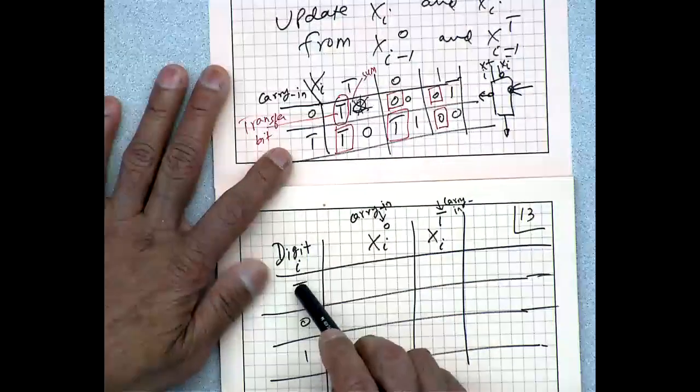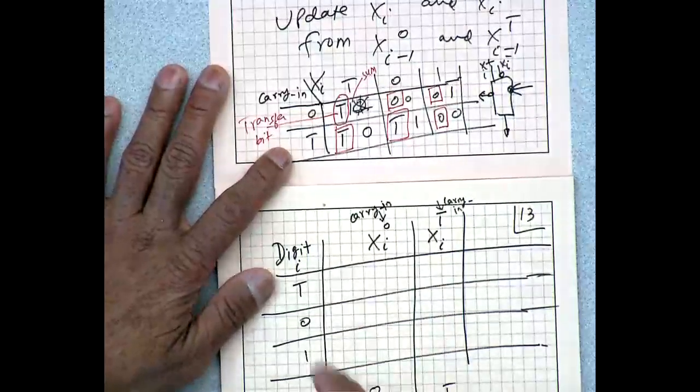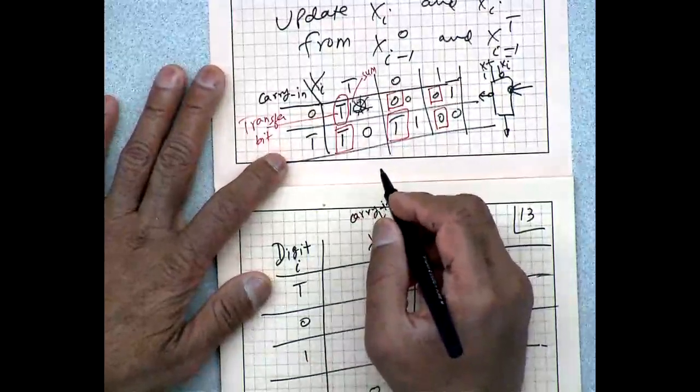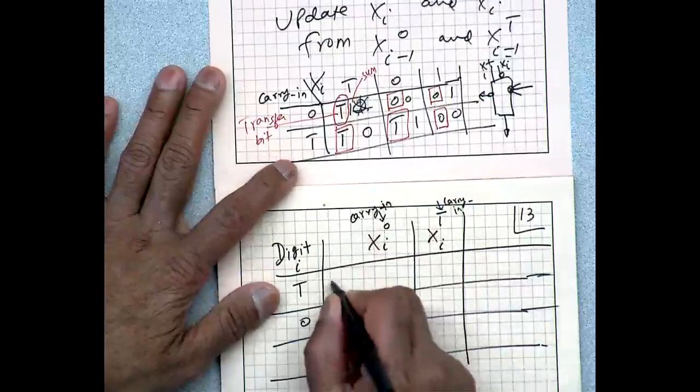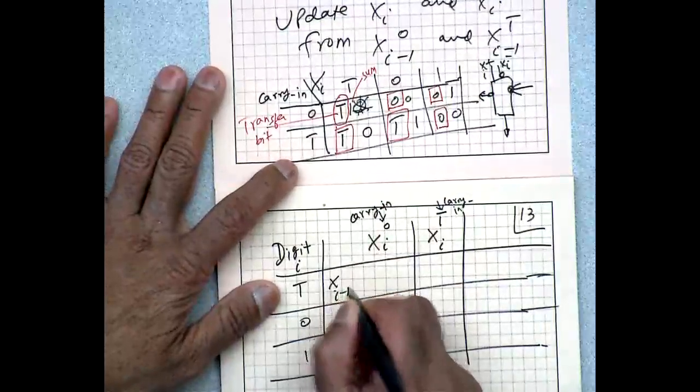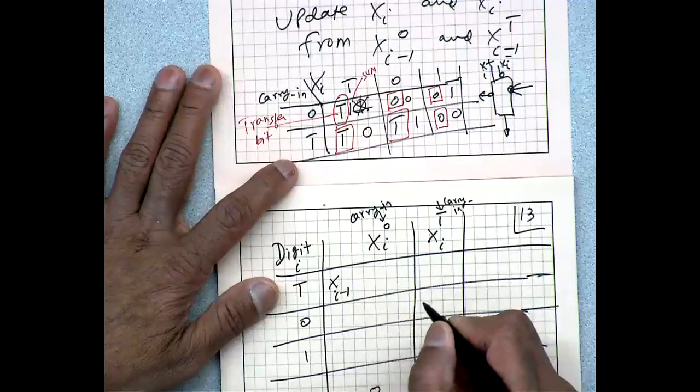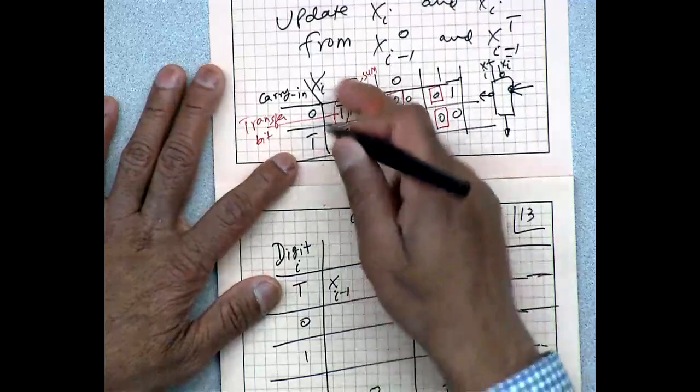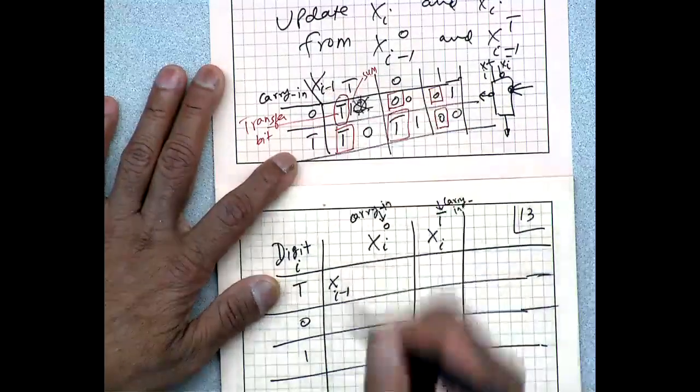So when the digit is 1 bar, I need to take xi minus 1 bar. It might be a little easier if I call this xi minus 1.